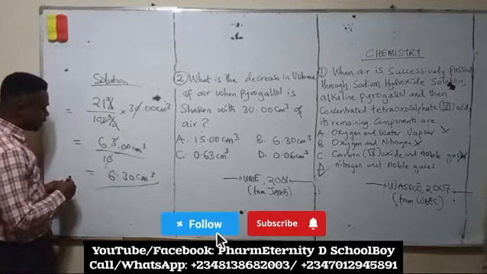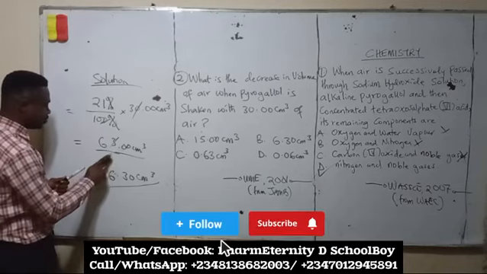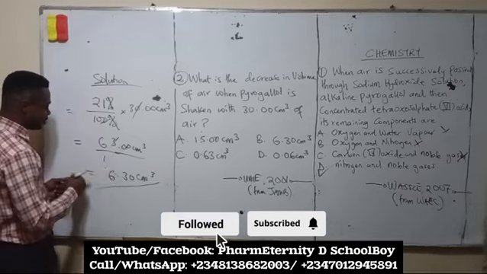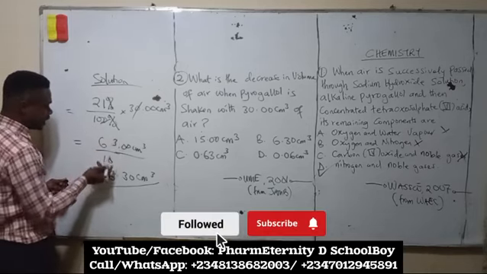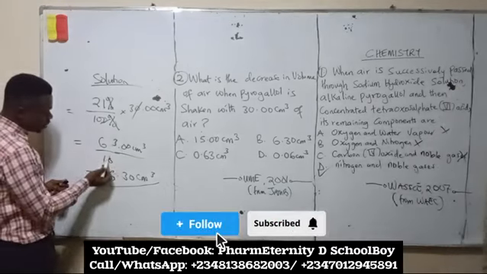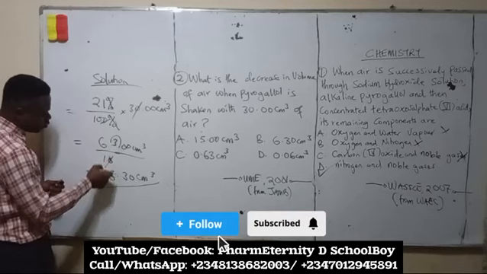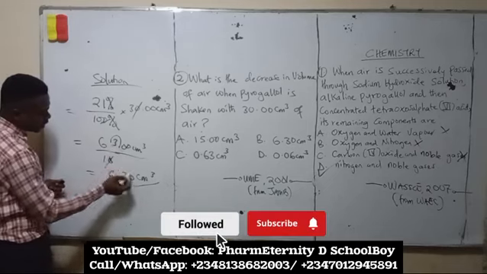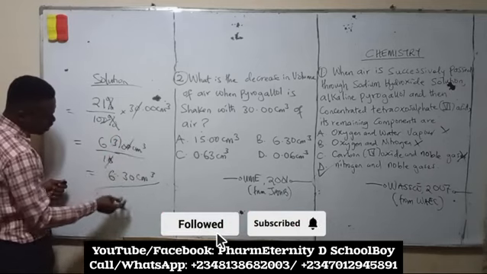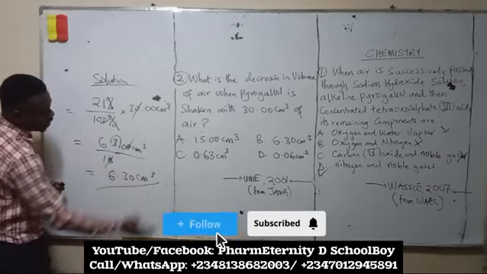There will be decimal movement from here to here. So we have 6.3, and one of these 0 will go. Because we maintain two decimal places, we have 6.30 cm3.